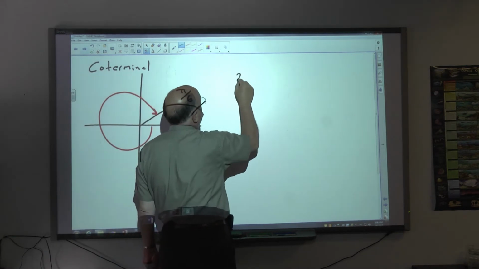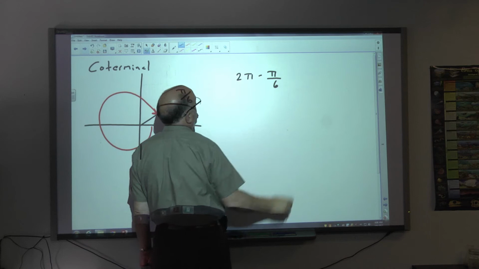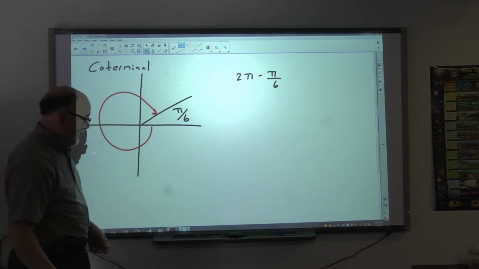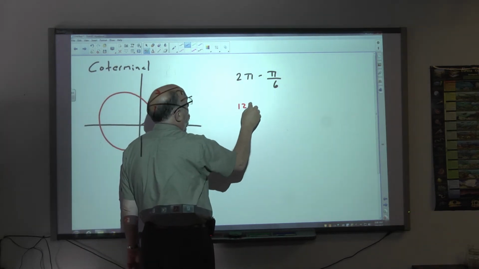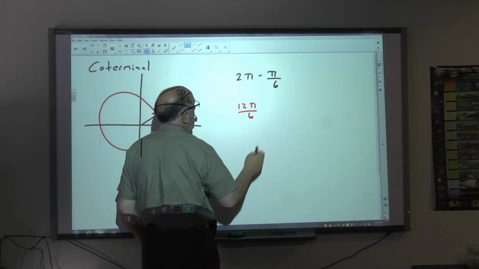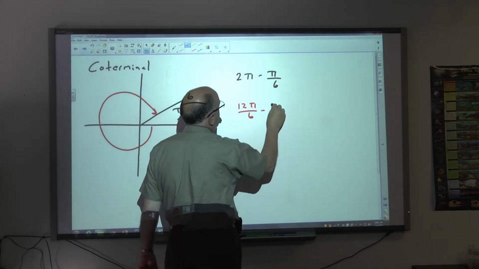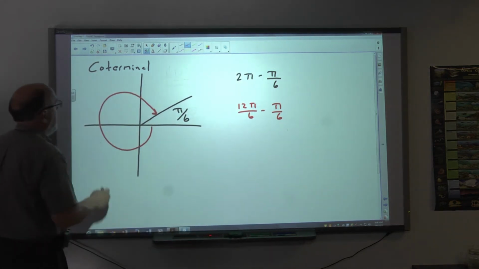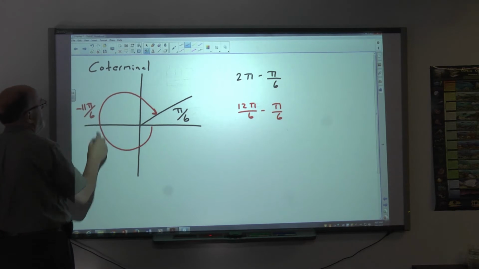So this is going to be 2 pi minus pi over 6. The way to subtract fractions is to have a common denominator, which in this case will be 6. So I can rewrite this as 12 pi over 6 minus pi over 6. And so we get negative 11 pi over 6.